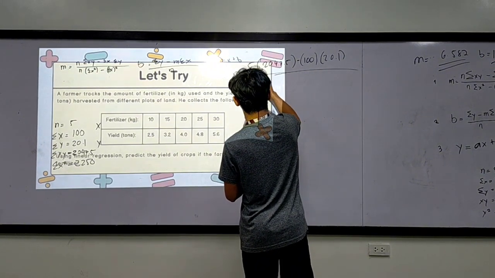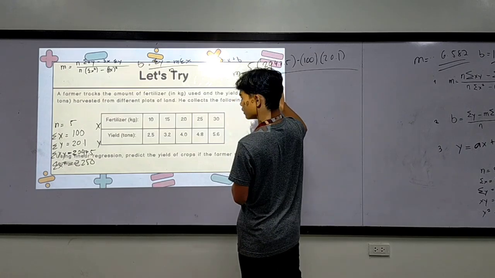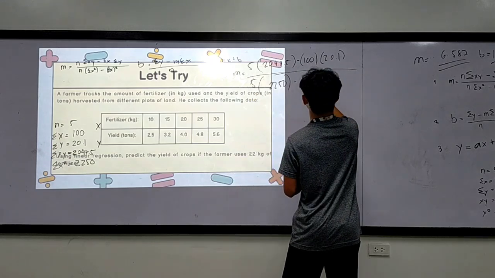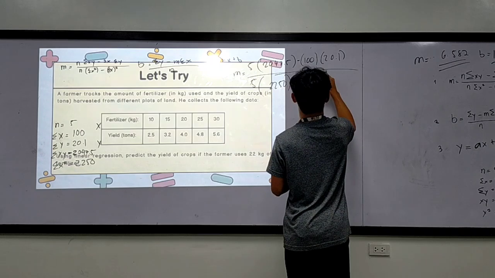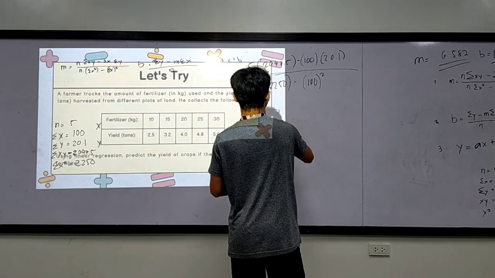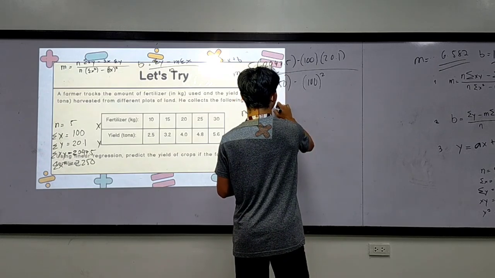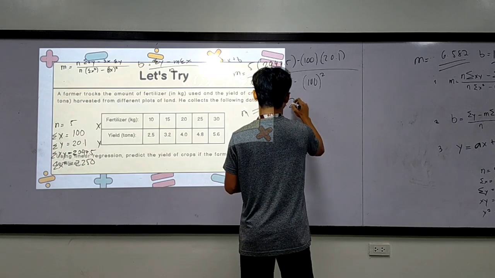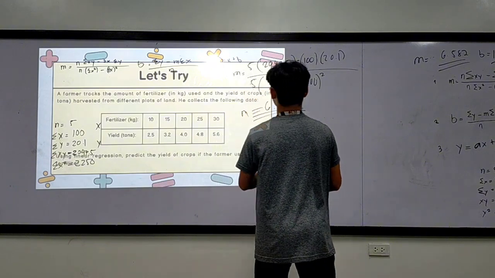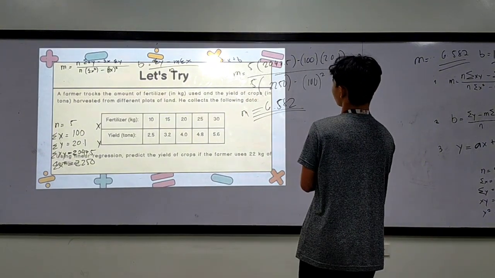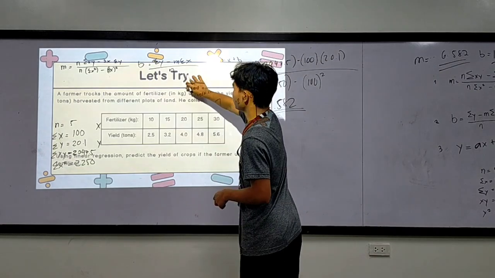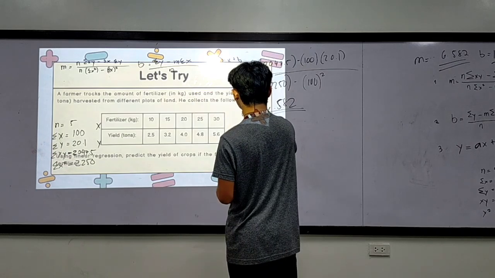So n is just 5. Then x squared is 2,250 minus x, 100, squared. So the outcome of m is 6.582. So m is equal to 6.582.